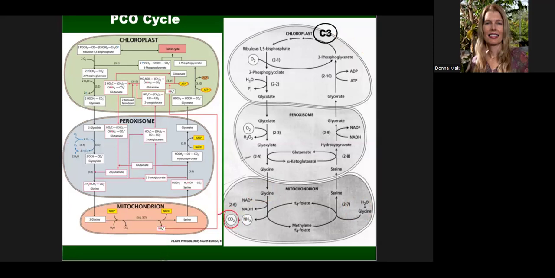CO2, where's the CO2? Oh, man, they should have really highlighted that. That should have been like disaster red or something. So anyways, CO2, they say it's lost because CO2 gets cleaved off of glycine in the mitochondria. And then it just gets respired out of the plant, out of the stomata. They say it's lost. It doesn't go back to the Calvin cycle.